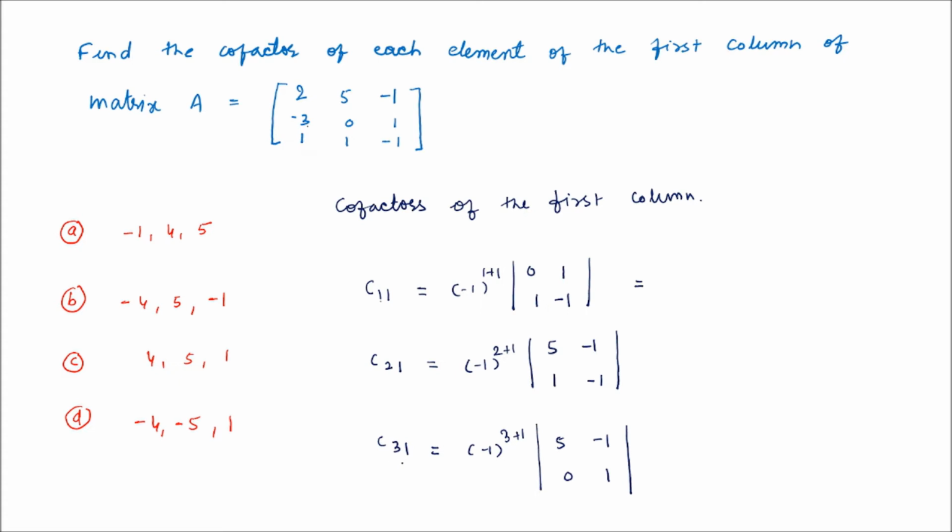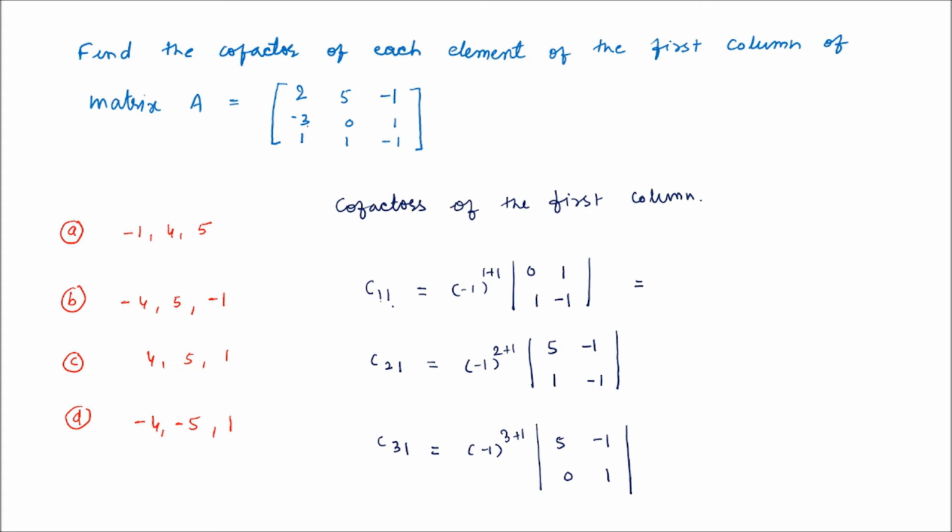Third cofactor C31 means deleting third row and first column: 5, minus 1, 0, 1. And every time before writing these determinants, we have to take minus 1 raised to the summation of these suffixes.